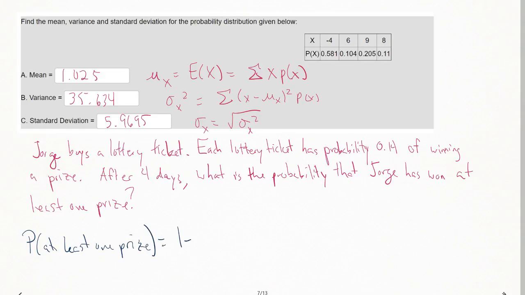Another way to look at that would be the probability of exactly one prize, plus the probability of exactly 2 prizes, plus the probability of exactly 3 prizes, plus the probability of exactly 4 prizes. Well, a much easier way would be to do the opposite of that. Go 1 minus, right? That's the at least rule, and go 1 minus the probability of no prizes.